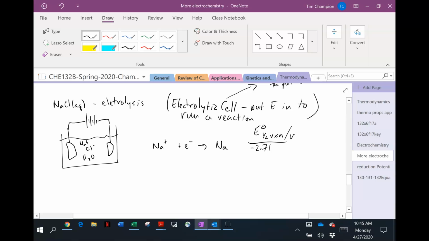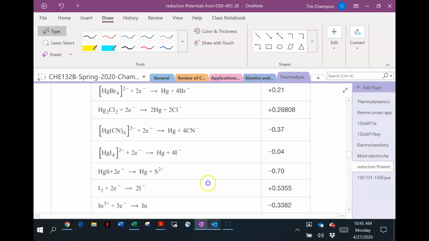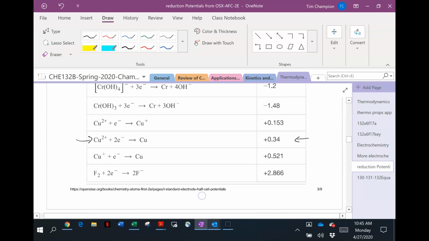What could happen to chloride? Well, what's most likely to happen to chloride is that 2 of them are going to become Cl2 gas and give up 2 electrons. So let's go find that one. For the reduction potential, we're looking for Cl2.